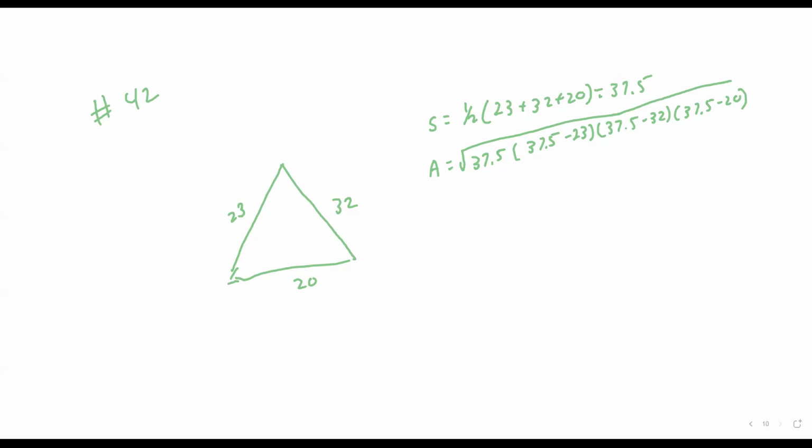That's going to be 37.5 parentheses, 37.5 minus 23, close parentheses, open parentheses, 37.5 minus 32, close parentheses, open parentheses, 37.5 minus 20. I hit enter, and then my area becomes 228.77. This was feet squared.